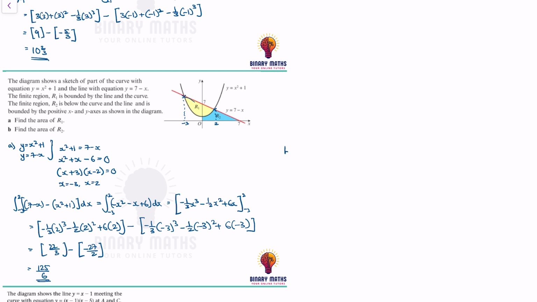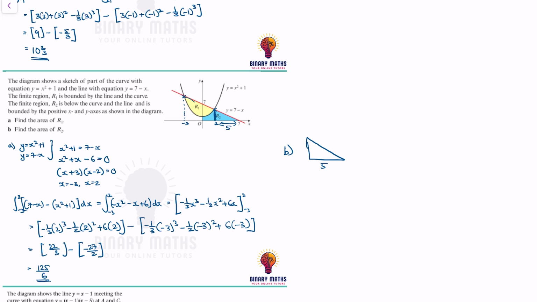Okay, part B now. So find the area of R2. To find the area of R2, what I need to do is split it up into two parts: a triangle and the area under the curve. Now what I do know is the base of this triangle is 5. Now I need to know the height.